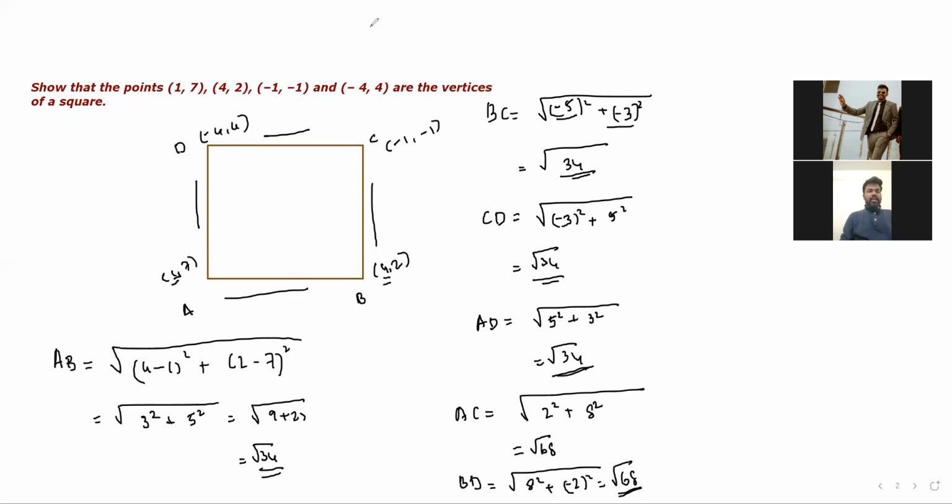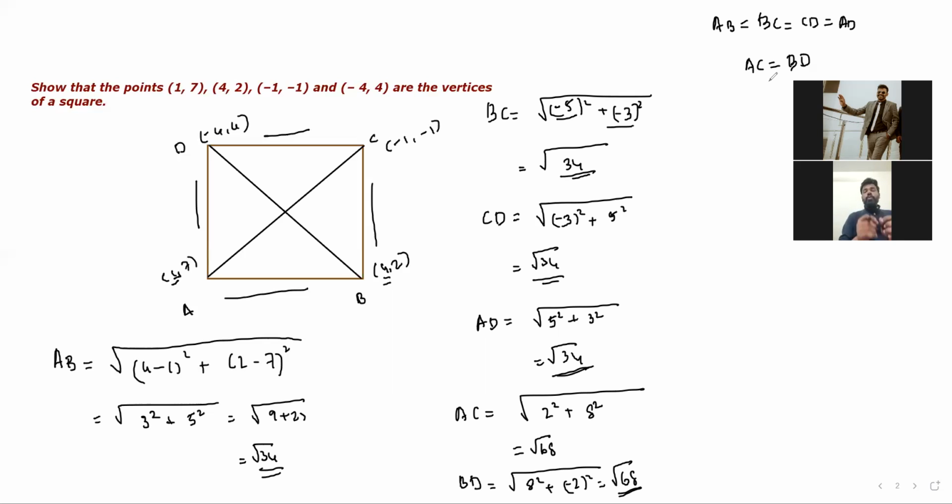So I got the diagonals AC and BD also equal. So all the four sides are equal, that is AB is equal to BC is equal to CD is equal to AD, and also we got the diagonals AC equal to BD. Now we can say the four vertices are of a square.